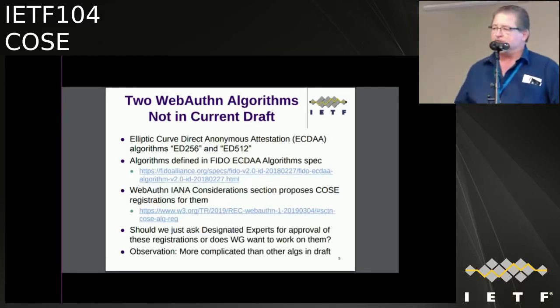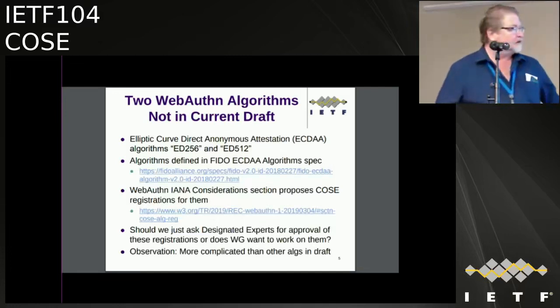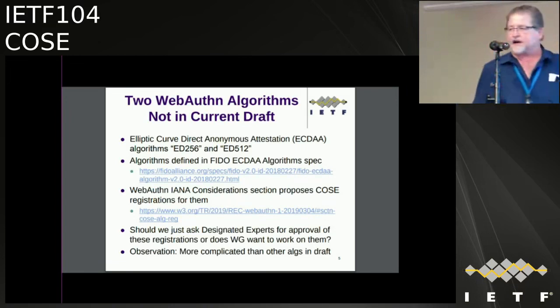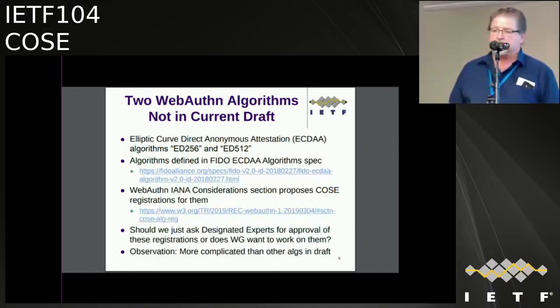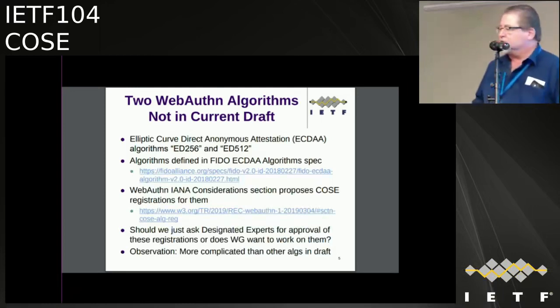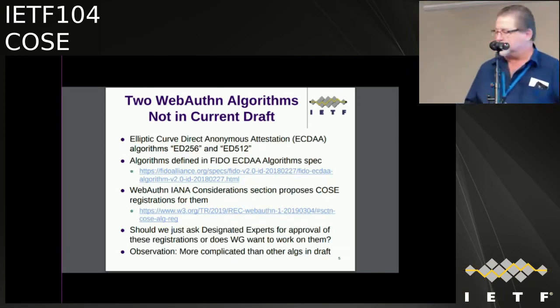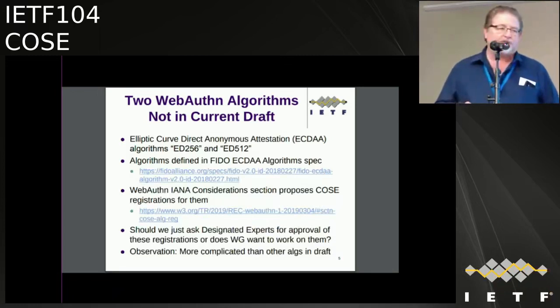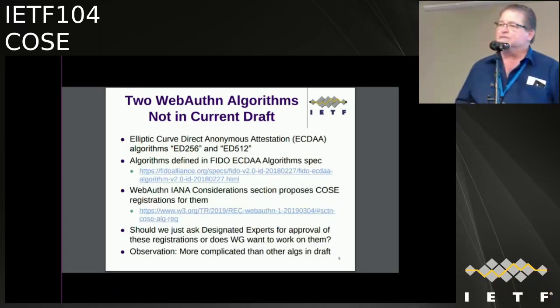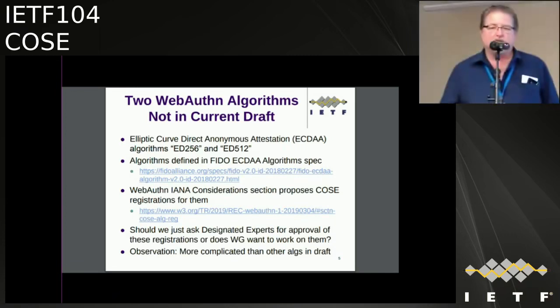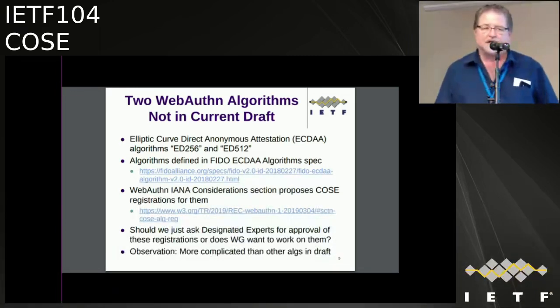We could just decide as COSE to first just ask IANA to process this and have the designated experts either say yes or no. And only if the designated experts say no would we even have any work to do. There's also been questions about, are these great algorithms in the first place, but now we're batting out of my league. Jim Schaad coming to the microphone. I suspect as a designated expert.